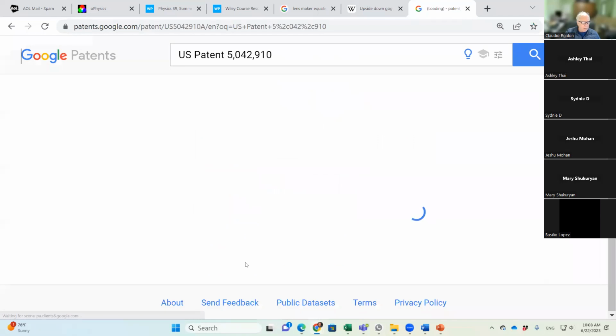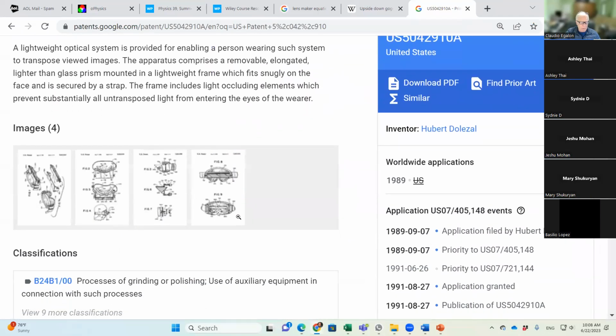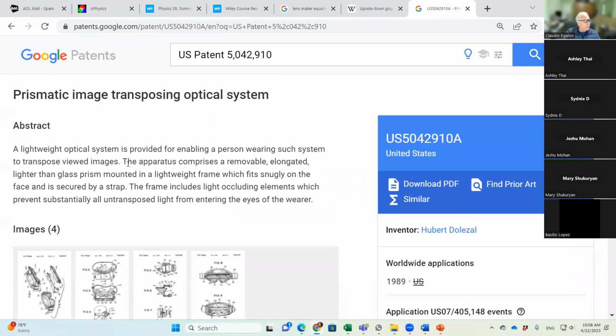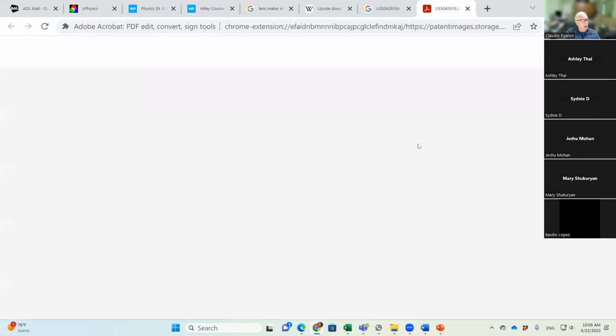US patent. An old patent, 5 million must be around, okay, 1989. That's the patent here. A lightweight optical system to enable a person wearing such a system to transpose viewed images. The apparatus comprises removable, elongate prisms lighter than glass. Oh, they used a prism in this case. They didn't use a lens. Okay, yeah, they didn't use a lens. Here's the PDF document.